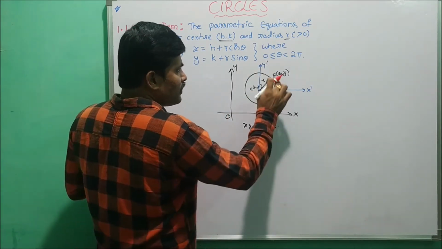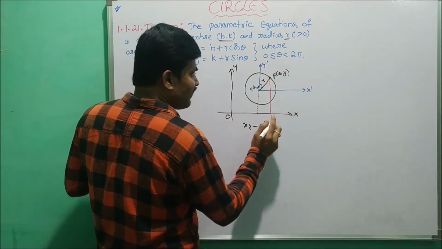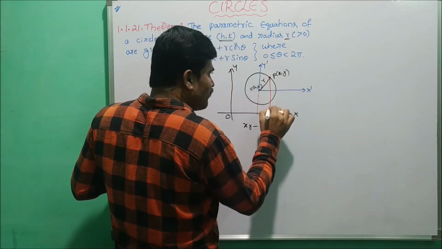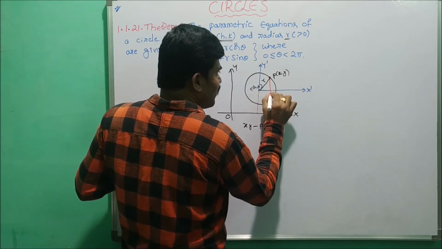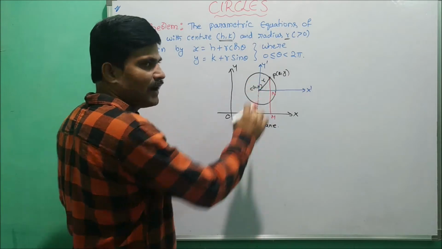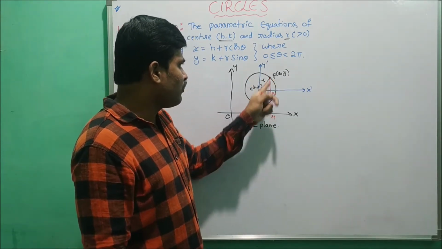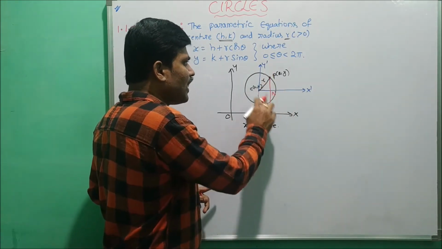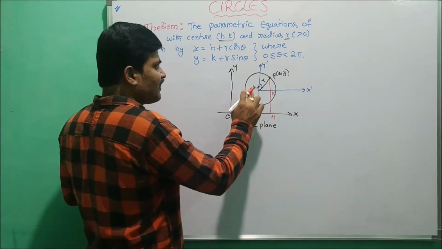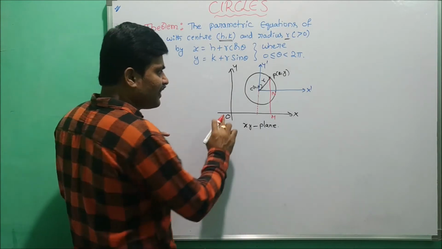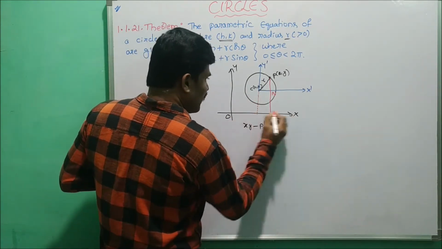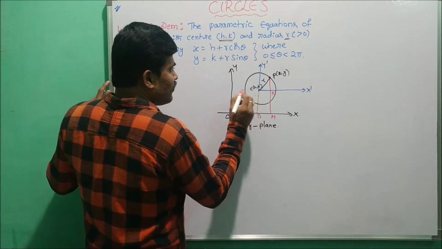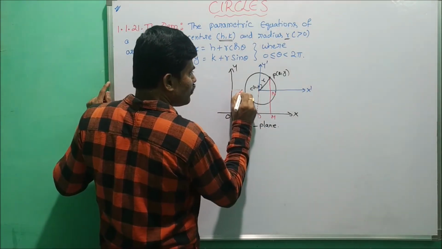Here clearly we observe this normal line intersects the x-axis at some point, let it be M. Similarly the same normal line intersects CX dash at some point N. So M is the intersection point of the normal line and the x-axis, and N is the intersection point of the normal line and CX dash. The extended CY dash also intersects the x-axis at some point D. Also CX dash is extended up to OY.